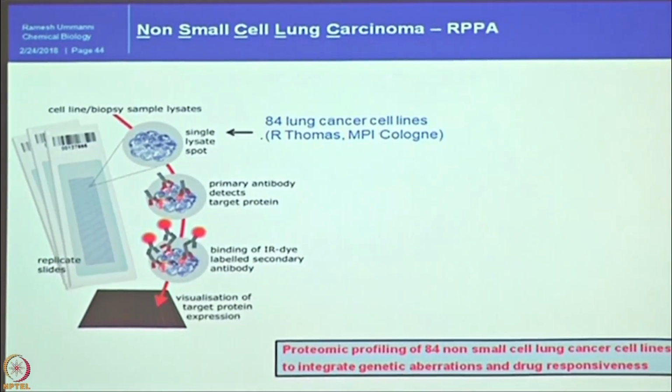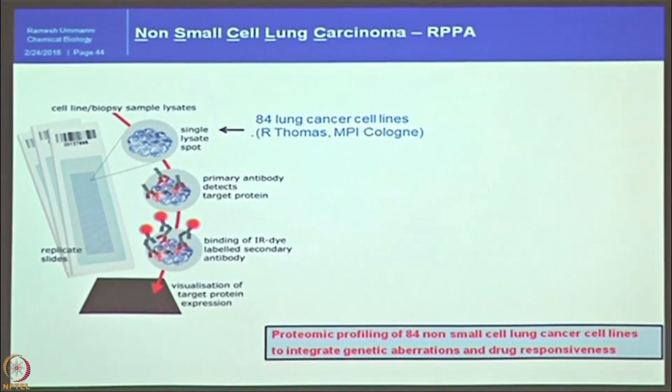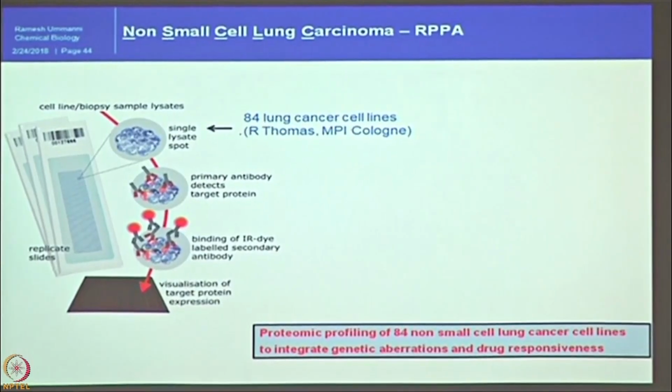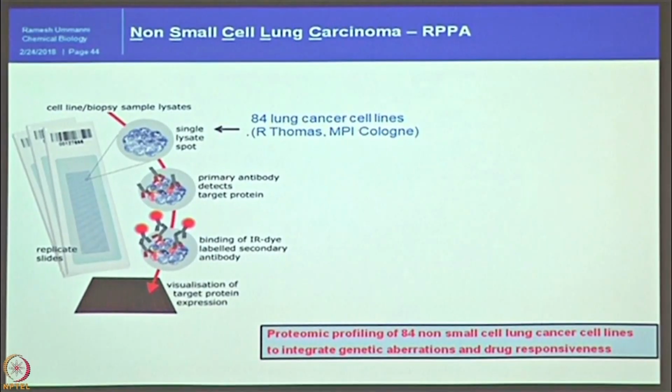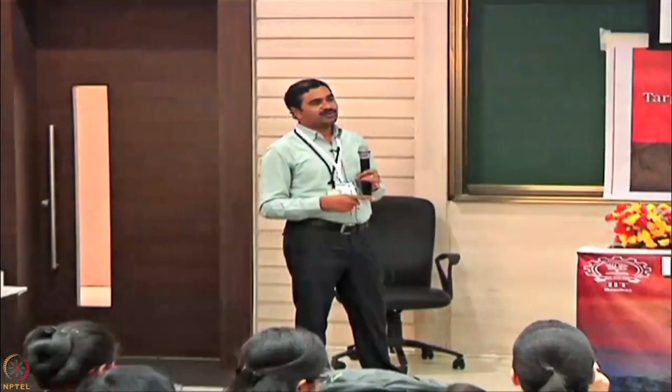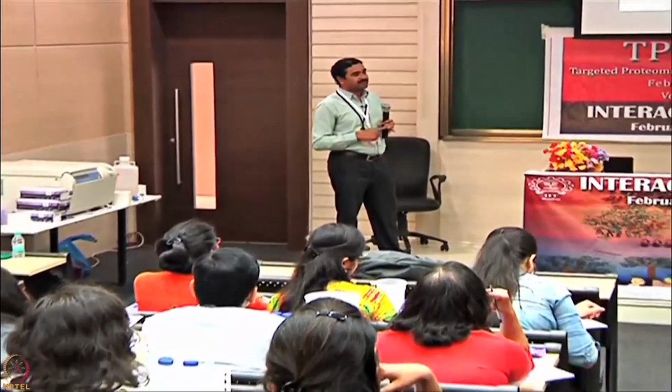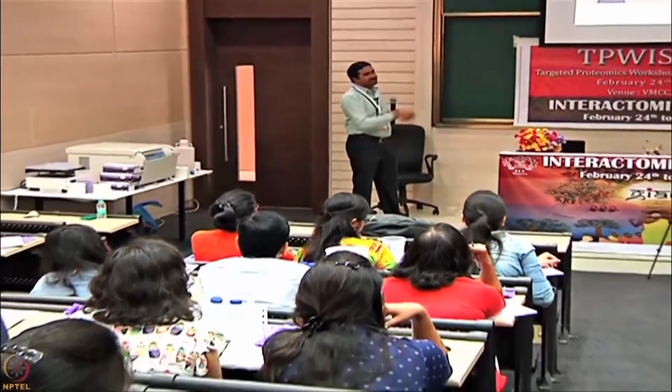Of course, it is very difficult to get patient samples with all possible molecular subtypes. But one group in Cologne, Roman Thomas's group, has established 84 lung cancer cell lines from different molecular subtypes of patients. So we know what kind of mutations they have, all the genomic fingerprints are available, and those cell lines were established.